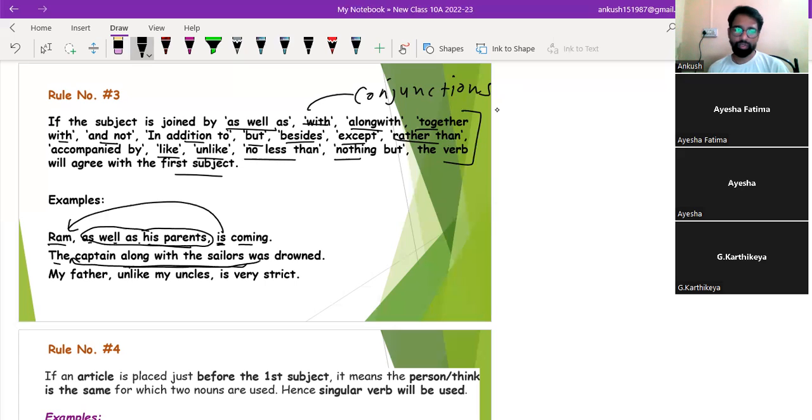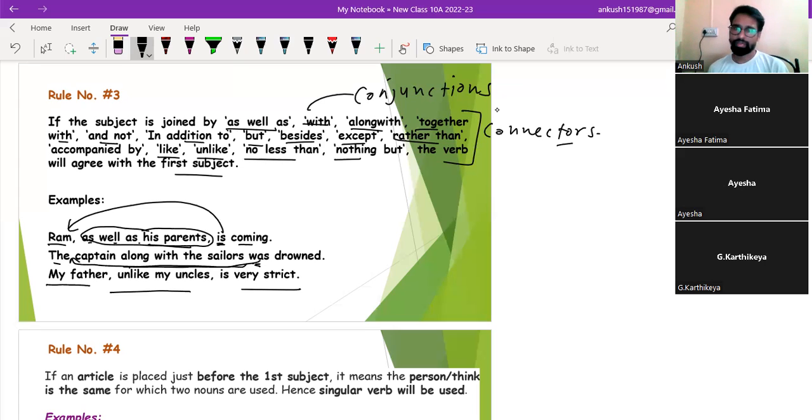Okay, means these are also included in drowning there, but this subject is not taken into consideration. The verb will agree with the first subject only, in which case these jointers or connectors are used with more than one subject. My father, unlike my uncles, is very strict.